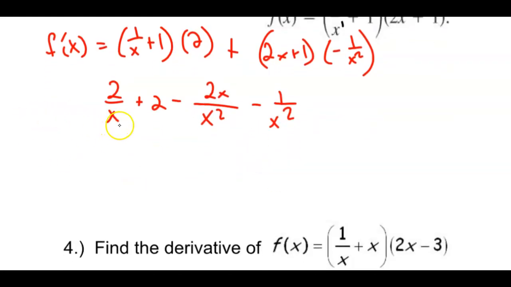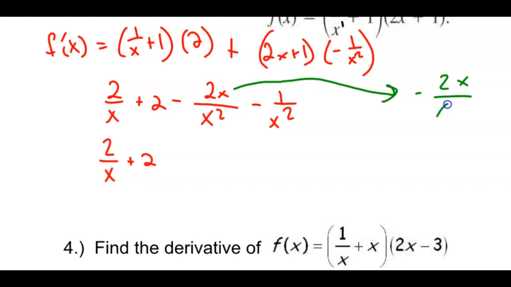And now we need to simplify. And if you look right here, I'm going to do it off to the side. Negative 2x all over x squared. Well, if you remember, x squared is x times x. And the reason I did this is so you can see that cancels. So I'm left with negative 2 over x.